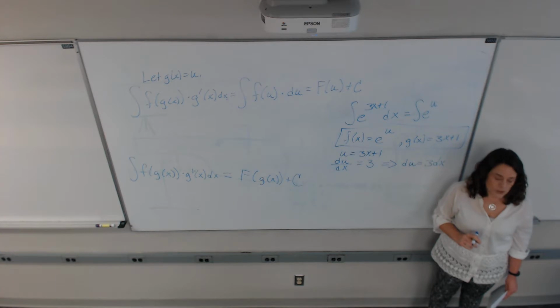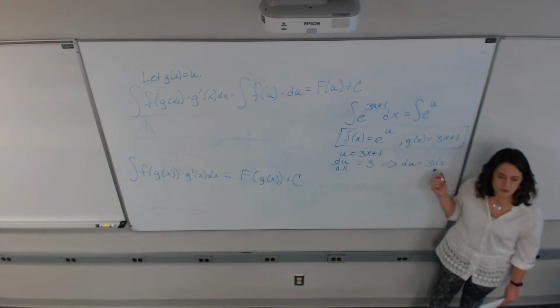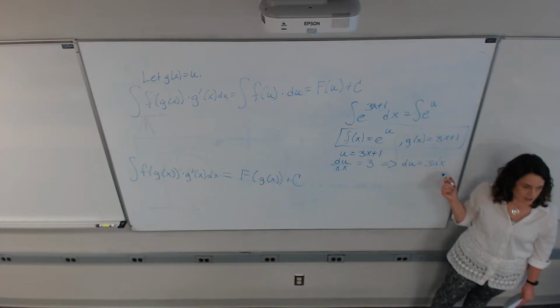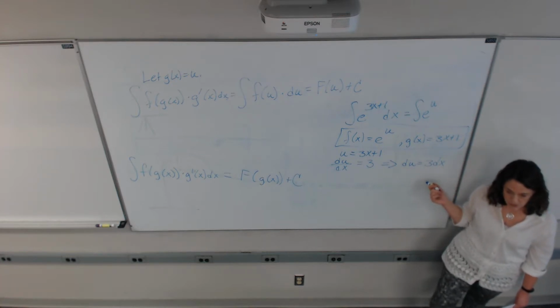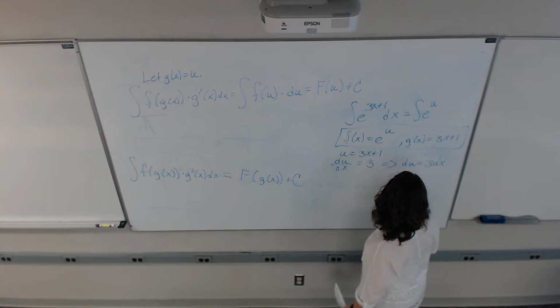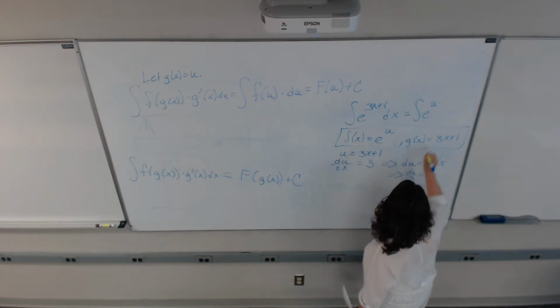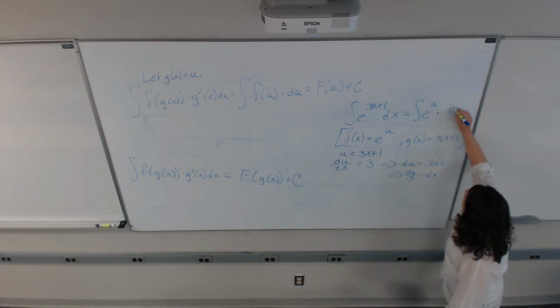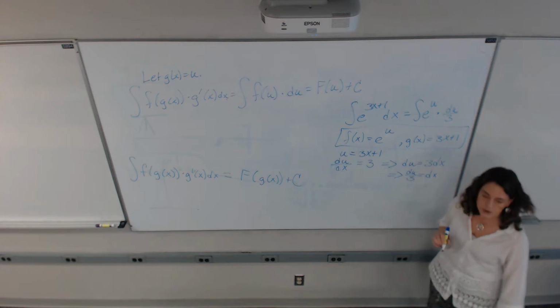No. Well, then keep abusing it and solve for dx. What do you get? dx equals du divided by 3. And we're going to substitute in place of dx, du divided by 3.